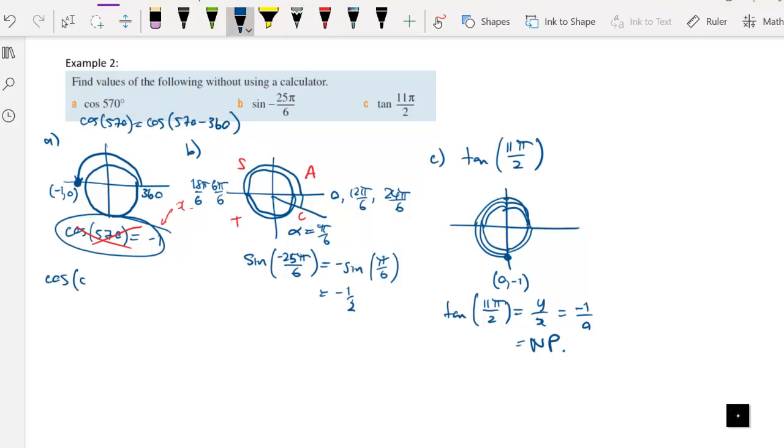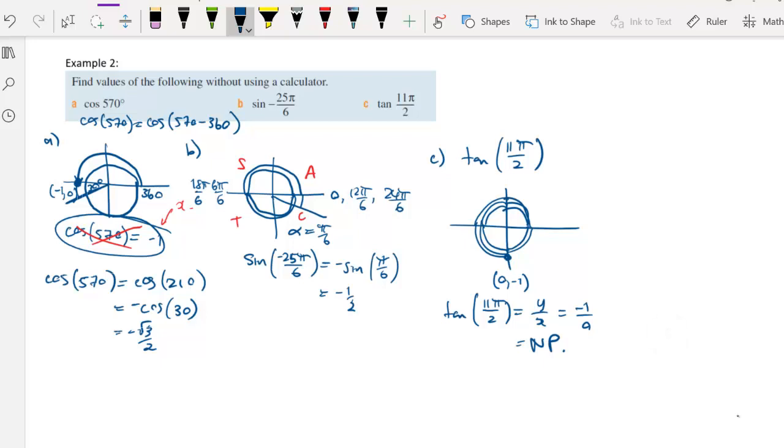So cos 570 is the same as cos 210, which is the same as negative cos 30. It ends up 30 degrees into this one. So it means that that will end up being negative root 3 on 2. Silly.